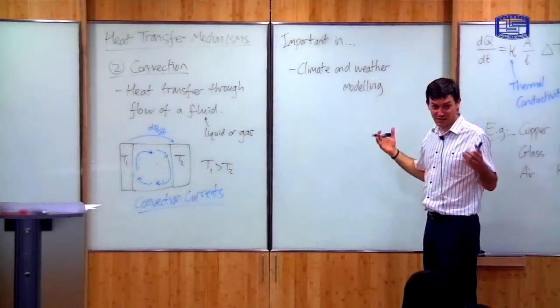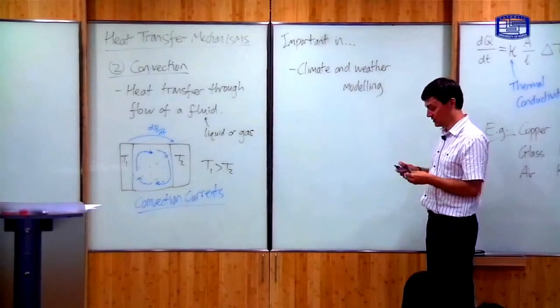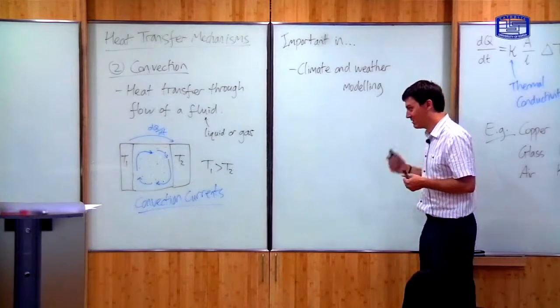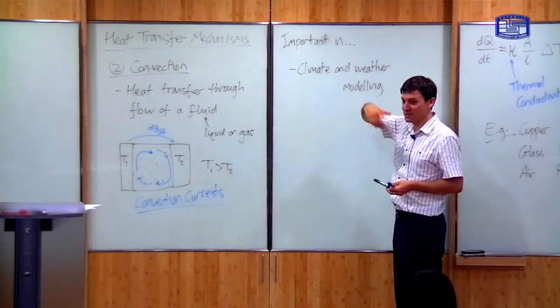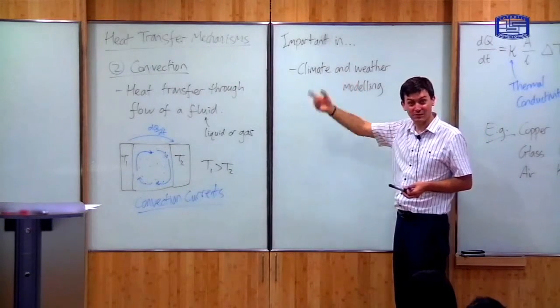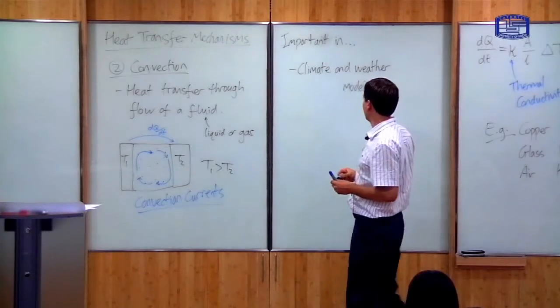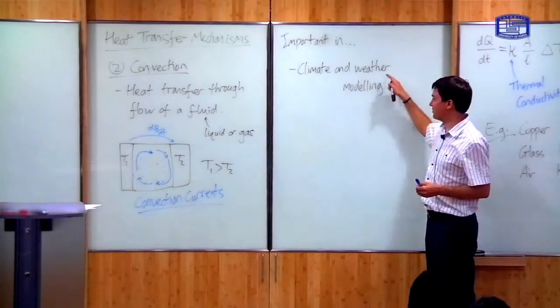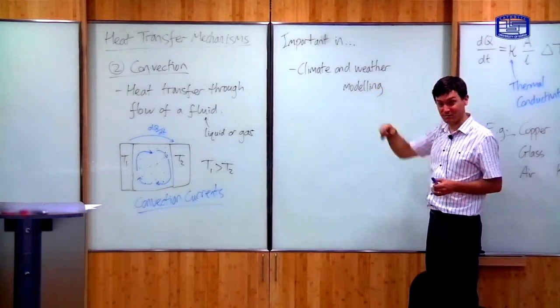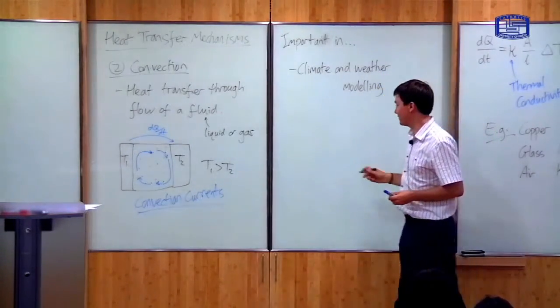The atmosphere is a gas, right? So the heat in the atmosphere is mostly transferred through the setting up of these convection currents. Okay? And these convection currents on the large scale in the atmosphere are what determines the type of weather that is experienced at different points on the Earth. So this is important in climate and weather modeling.